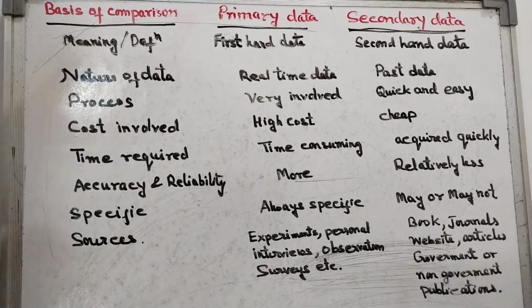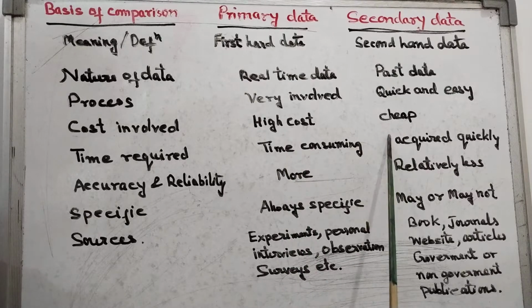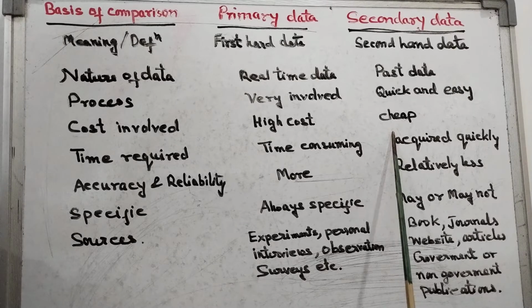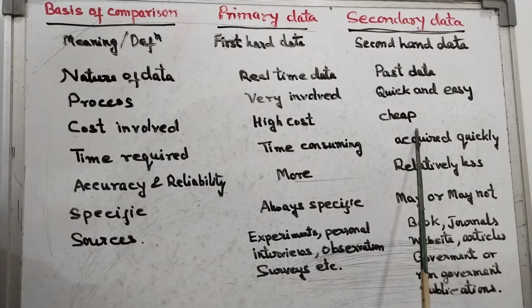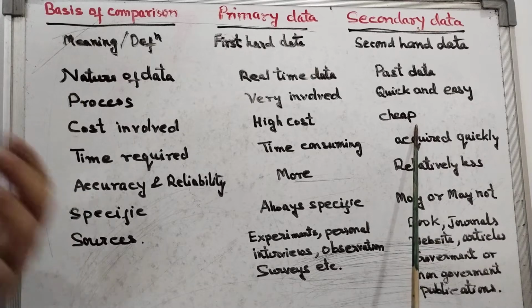Primary data means high cost because it is more expensive. But when we go for secondary data, it is cheap. Secondary data requires less money, hence it is economical, because we just copy from others' records.